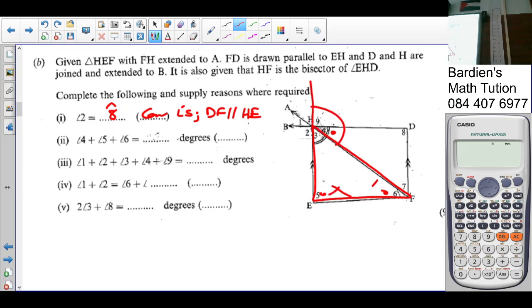That exterior angle is equal to those interior opposite angles. Nope, not exterior angle. Look at the question. It says angle 4 plus 5 plus 6 equals 180.